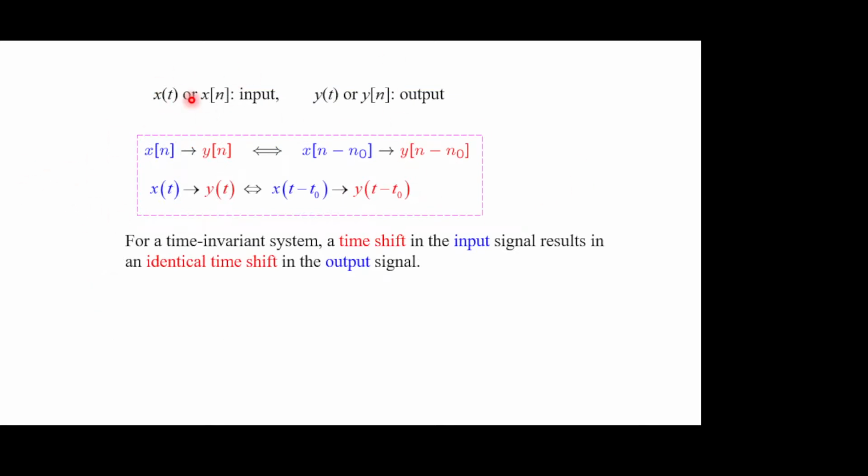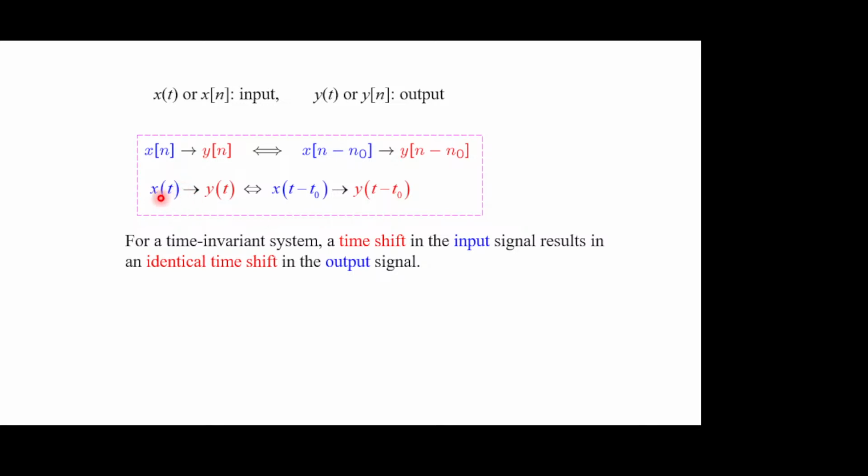Once again, x is input and y is output, and we say our system is time invariant if, whenever you have an x, y input-output pair, and you time shift x to x(t minus t0), then the corresponding output will also be time shifted by the same amount.